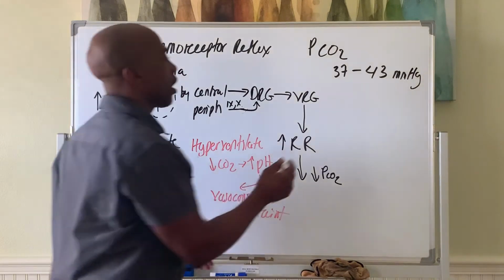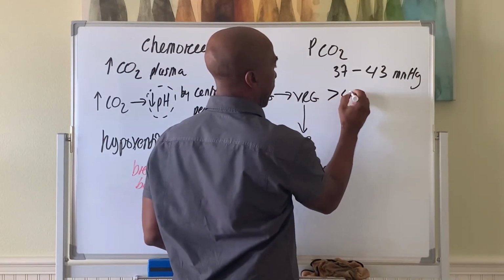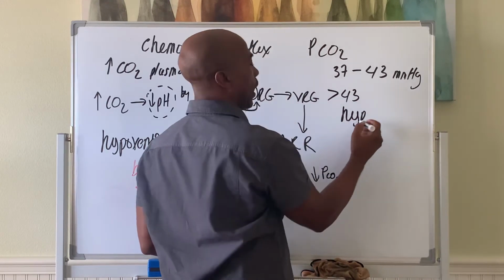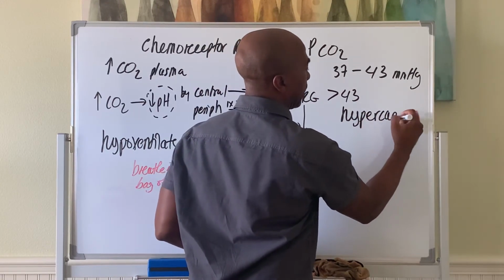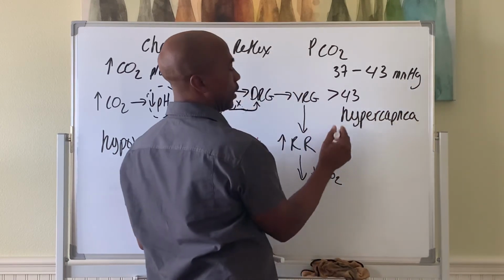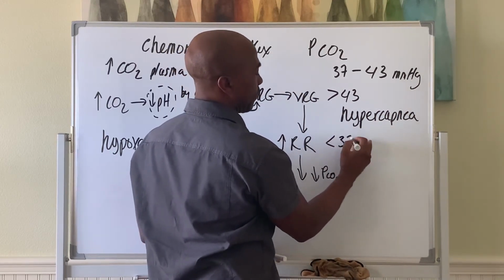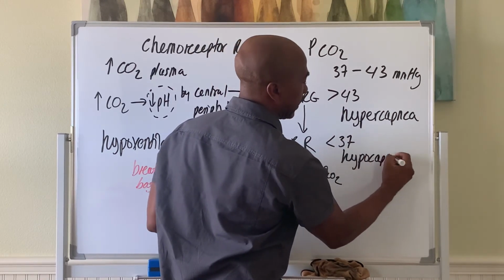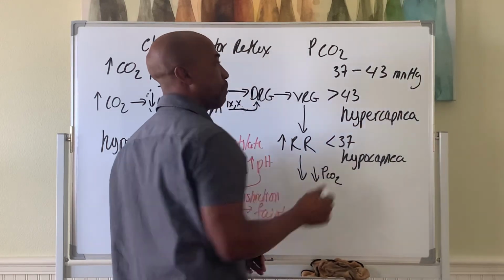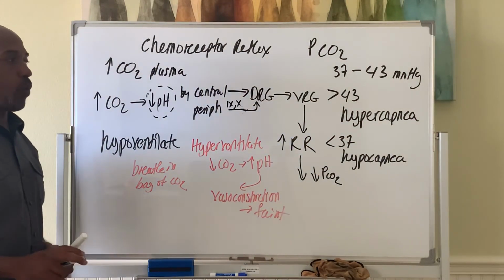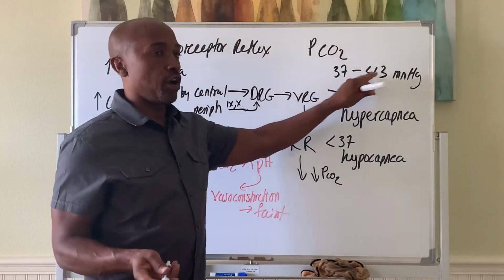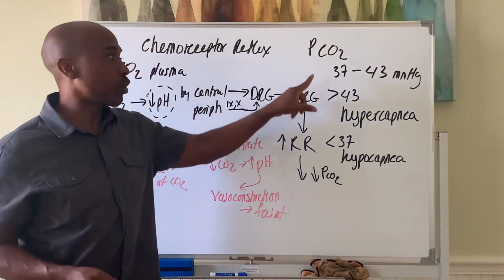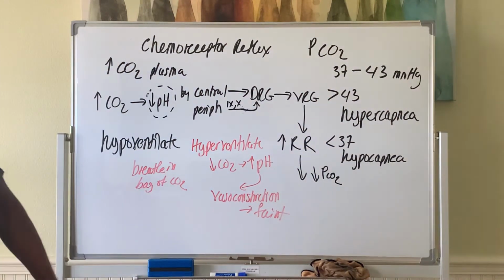If you are above 43, then you are said to be in what's called hypercapnia. Too much CO2. If you're less than 37, it's too low, so then you're in what's called hypocapnia. Hypercapnic and hypocapnic refer to whether or not you're in the normal range for your partial pressure of CO2. Again, CO2 is always a gas, no matter where it is, so we call it partial pressure of CO2. Okay, we'll pause there.